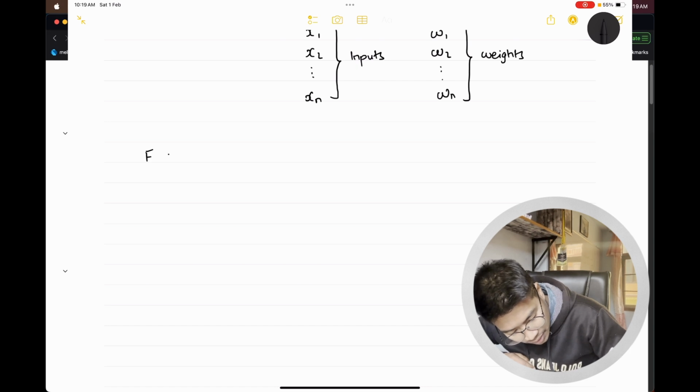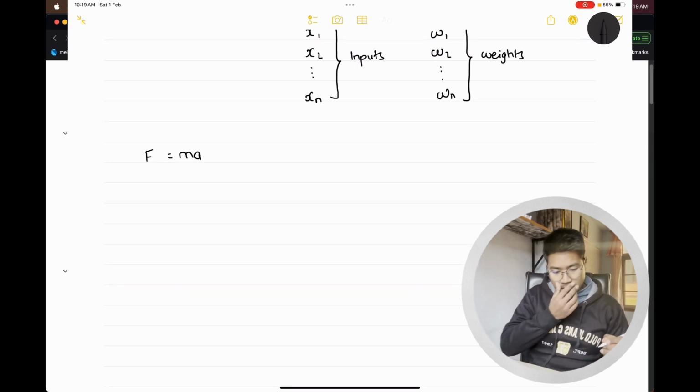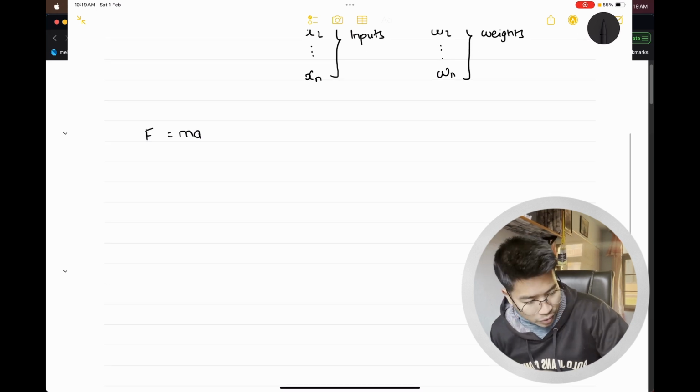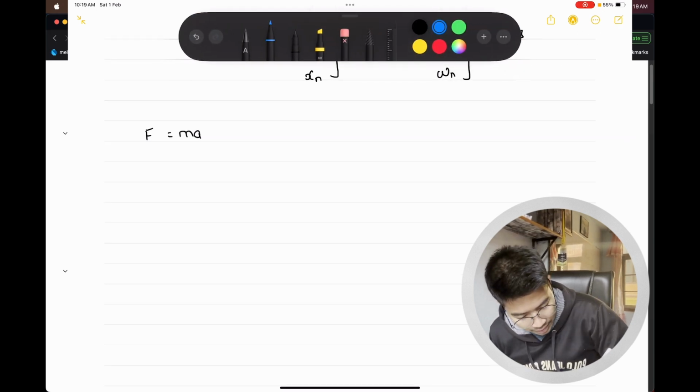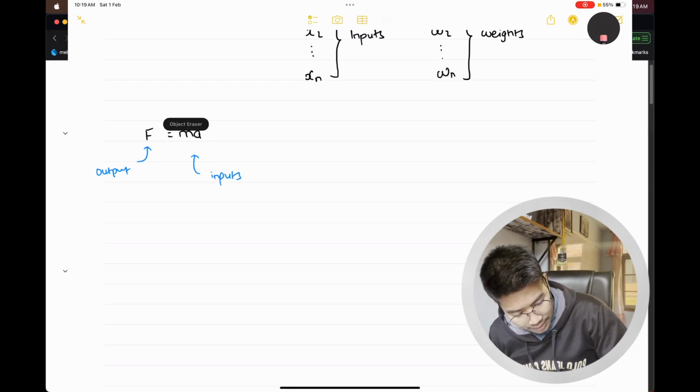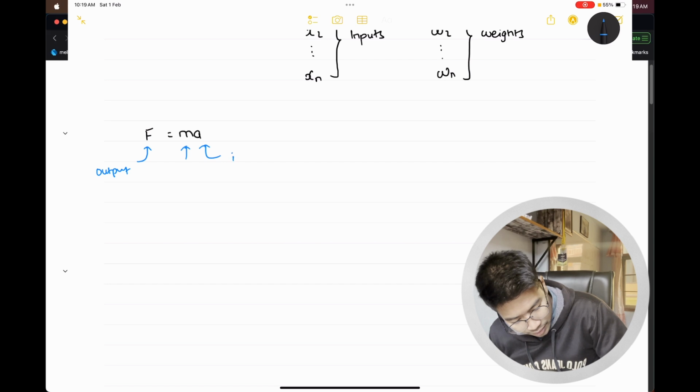I think this should be easy to understand. Over here let's talk about what the inputs and the output are. That's pretty simple. This one over here is our output, and these two are our inputs. Let me write it this way instead. This is our input, and this other one is our input.